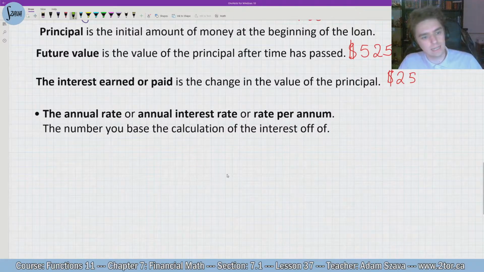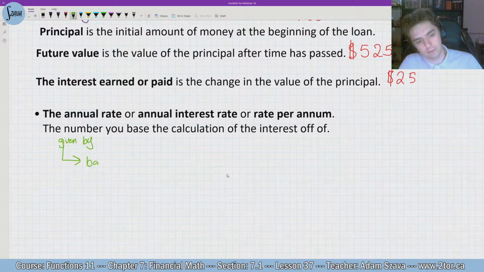So this is a number that's either given by the banks, if you're taking a bank loan, or if you are putting money in a savings account.